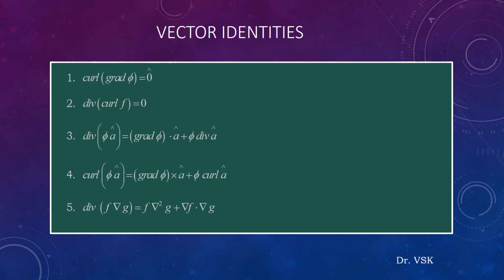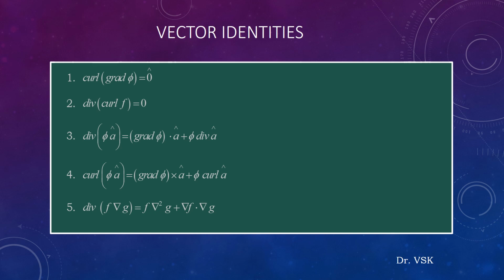In the previous identity, we applied the divergence operator on this vector field phi a cap. Now in this fourth identity, we are applying curl on this vector field. Curl phi a cap produces a vector field.